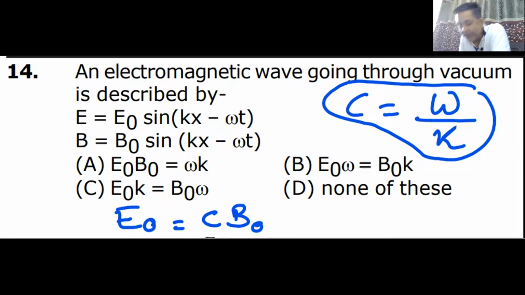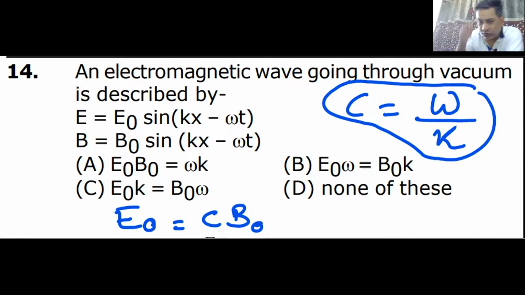So now you can tell me which option is correct. C is 1 by root over mu naught into epsilon naught. That is correct. This is how you can find out C as well, omega by K. These are different ways in which the same thing is asked.